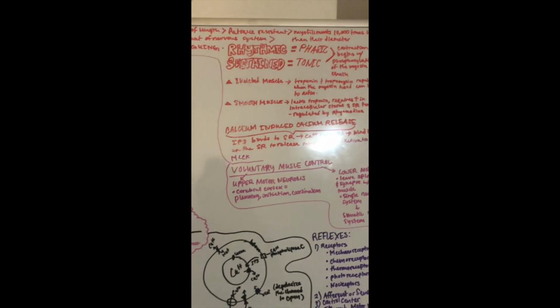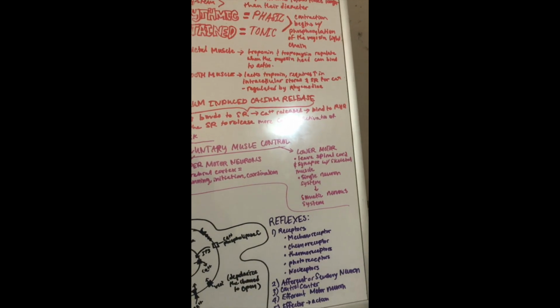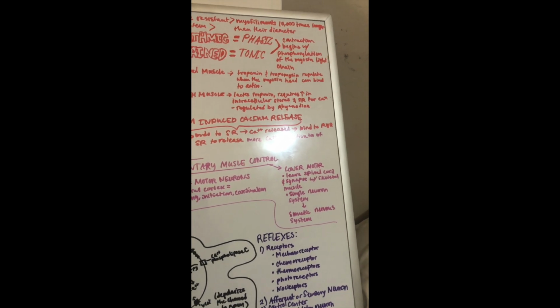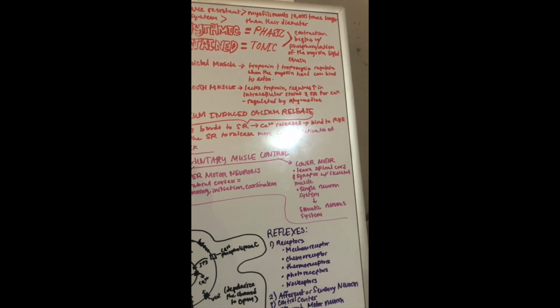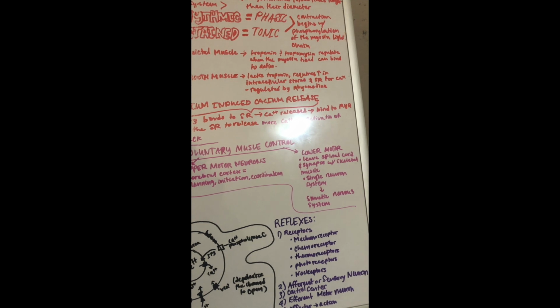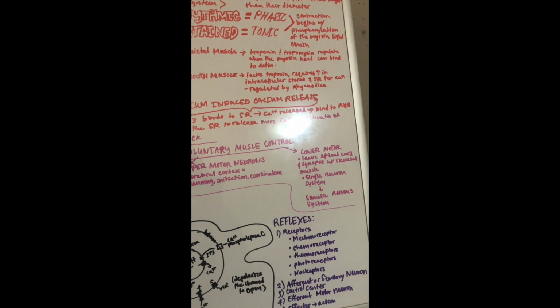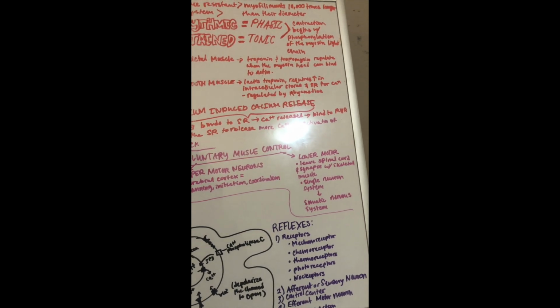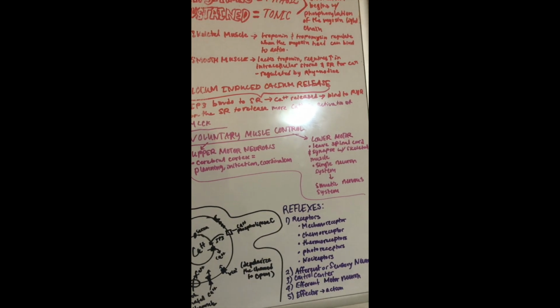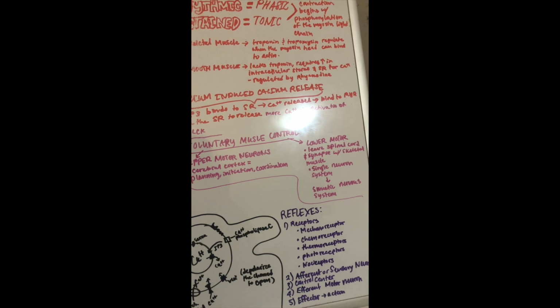With our skeletal muscles, troponin and tropomyosin regulate when the myosin head can bind to actin, whereas smooth muscle lacks troponin. So it requires an increase in intracellular calcium, and stores of calcium in the SR are regulated by ryanodine in order to regulate that contraction.